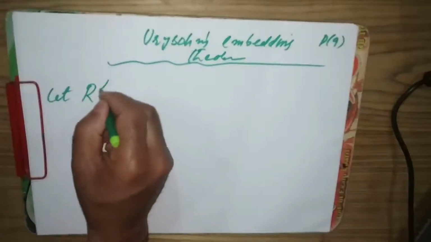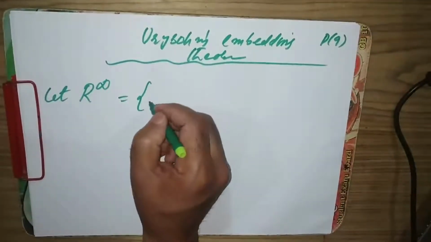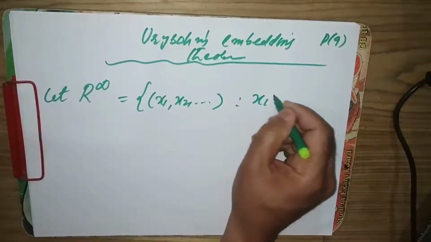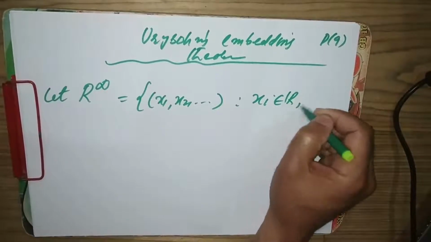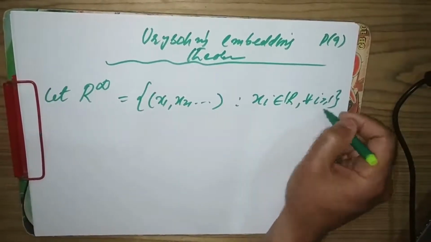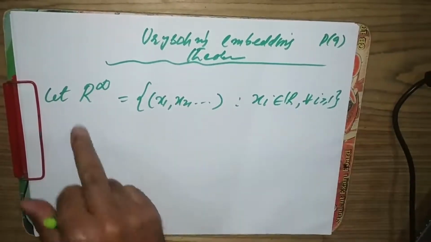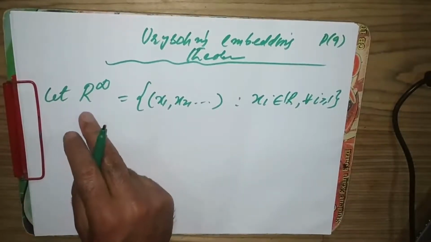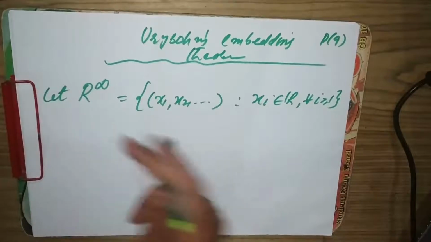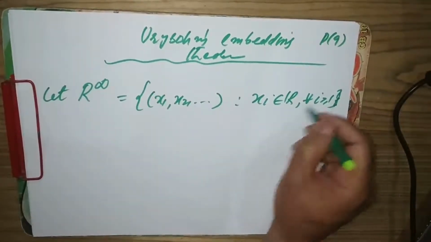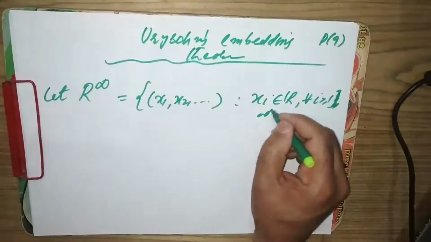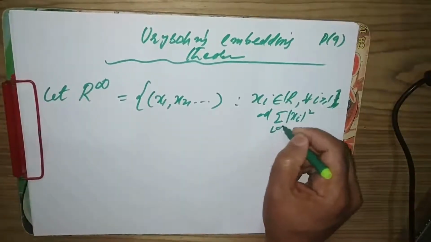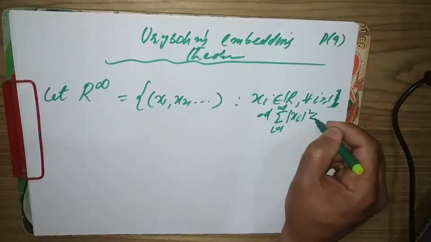Let R infinity be the set of infinite tuples with each component belonging to R, for all i greater than or equal to 1. Now we define a metric on R infinity. This is not the whole set, but only those tuples such that the summation of mod x_i square, i from 1 to infinity, is finite.